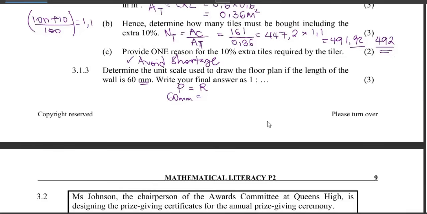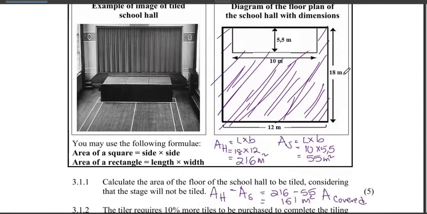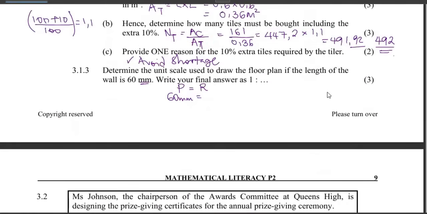Why? Because it's millimeters. Because they are saying determine the unit scale used to draw the floor plan if the length of the wall is 60 millimeters. So we come back here on in real life. This one is in real life. Why? These are meters. So the length is 18 meters. So it's 60 on paper and 18 meters in real life.